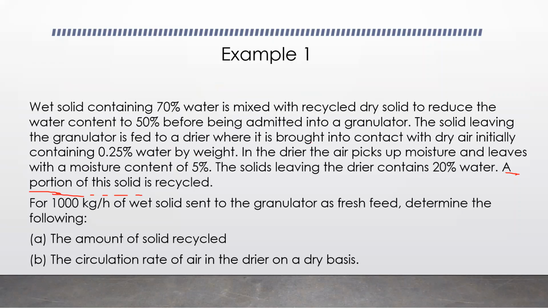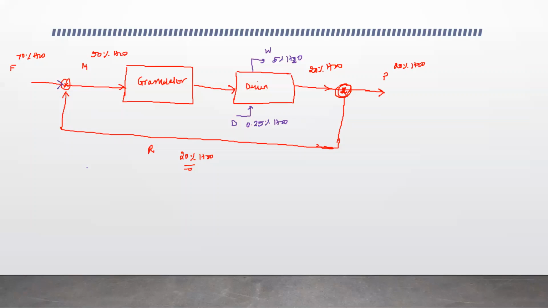We are given 1000 kg per hour of wet solid sent to the granulator, and we have to determine the following things. Since 1000 kg per hour is sent to the granulator over here, that means M is equal to 1000 kg per hour.